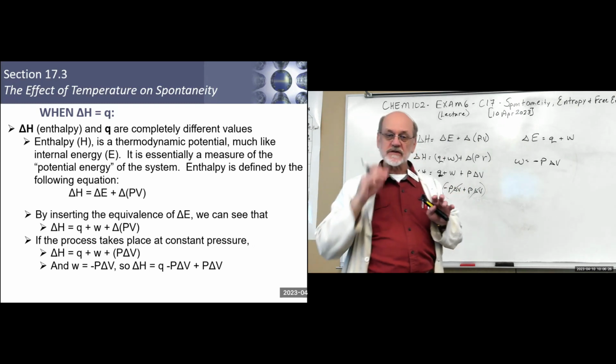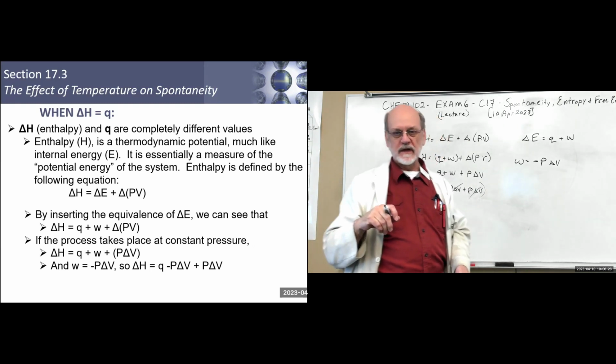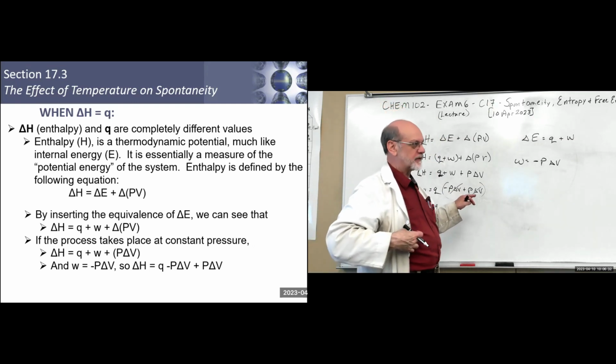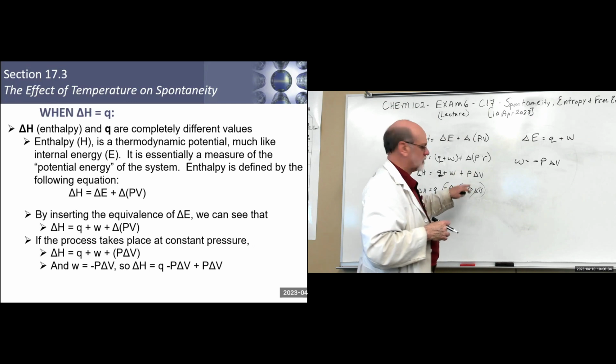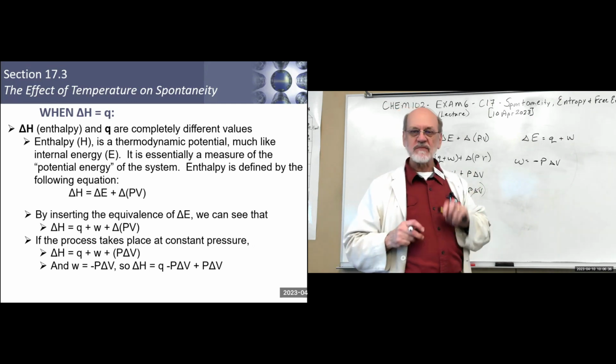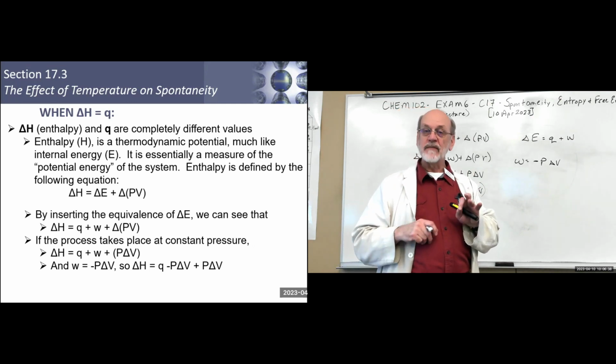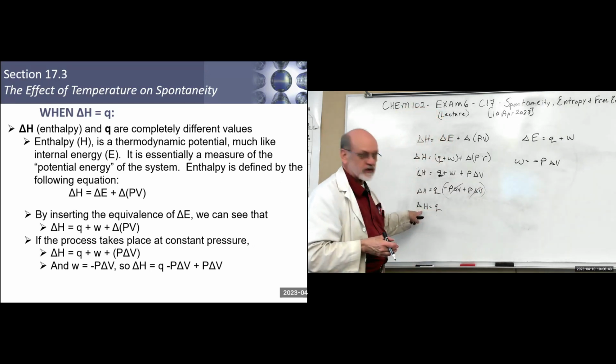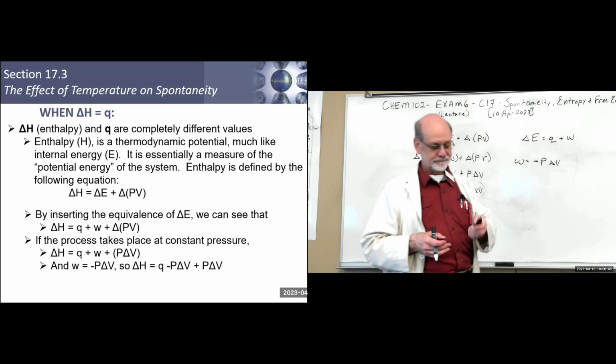If pressure changes, then they're not equal. Well, that's why chemists very often conduct experiments at constant pressure. If you can maintain constant pressure and measure the heat transfer, then that allows you to measure enthalpy as well.